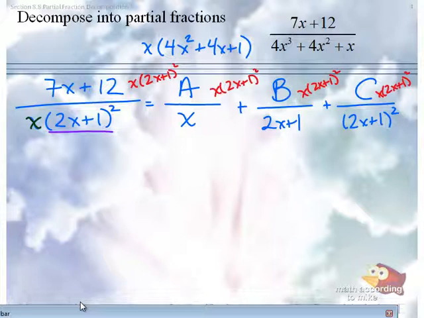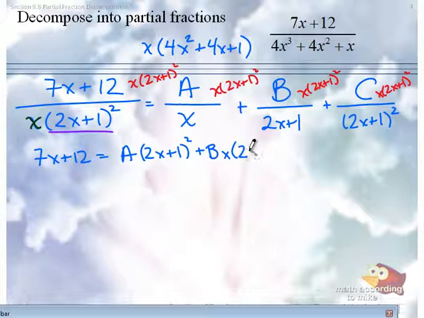What do you got on the left? Careful, plus Bx times 2x plus 1, because only one of them cancels. And then plus Cx.